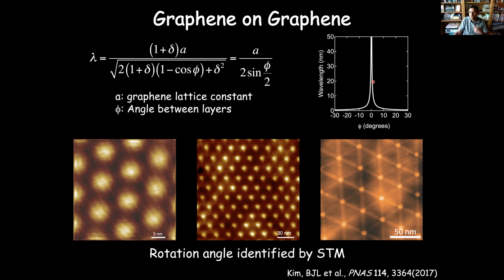So instead of having only up to 14 nanometer Moiré patterns, we can effectively get an infinite size Moiré pattern by making very small twist angles between the layers. Here you see ones on the order of, say, 5 nanometers, maybe 30 nanometers here. Here's 50 nanometers. We've seen up to several hundred nanometers for these Moiré patterns. This means we're getting to very small twist angles if you're reaching wavelengths of 50 nanometers.